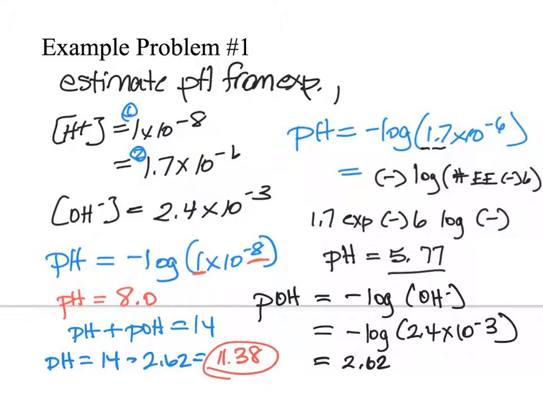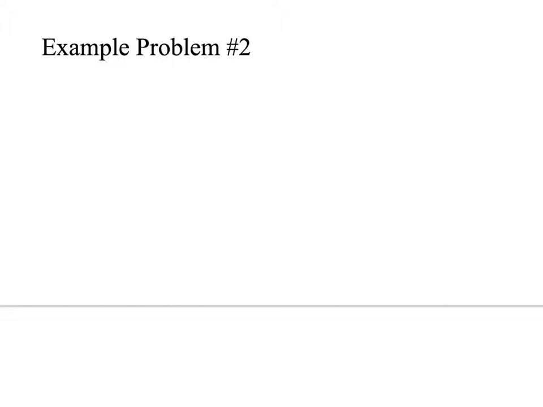All right, so we looked at calculations from hydronium to pH and hydroxide to pH. Now let's look at the reverse situation. In this example, we're going to look at the inverse process where we have a pH and we want to convert it to hydronium.